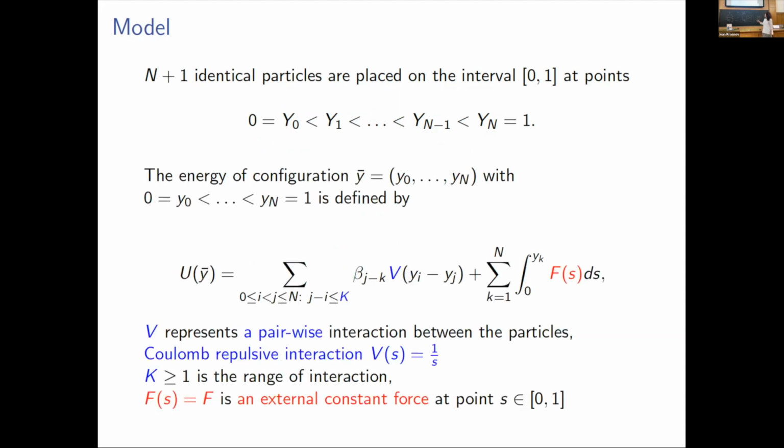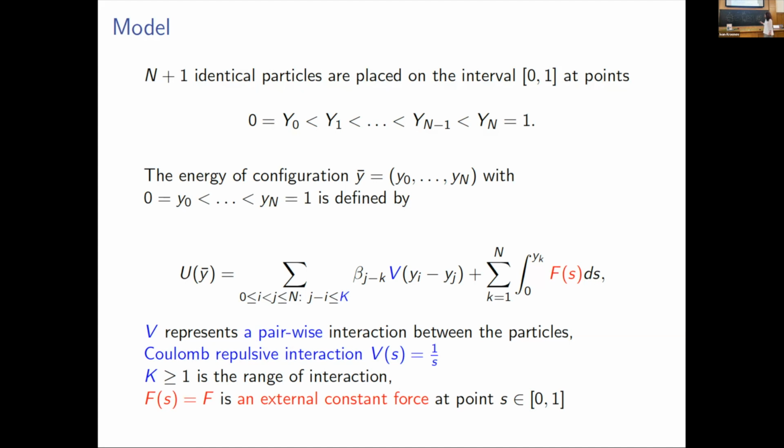We consider the following potential. There will eventually be a Gibbs measure, but I will first show what is here. These are the points on the line, on the segment [0, 1]. This is not a lattice anymore, it is an interval. And the energy of the configuration in these points is given by this equation.